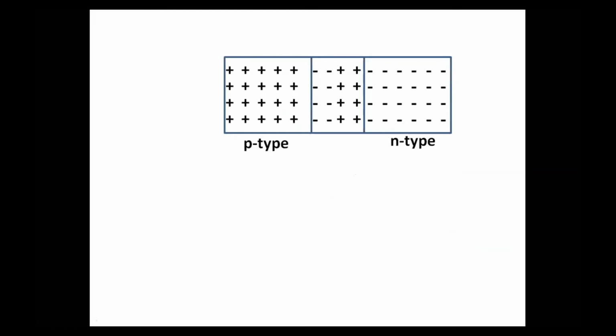That means we have created a separation of negative charge and positive charge. This happened because of diffusion of electrons from the n region to the p region, because of the existence of a concentration gradient, that is, the high concentration of electrons in the n region and low concentration of electrons in the p region.